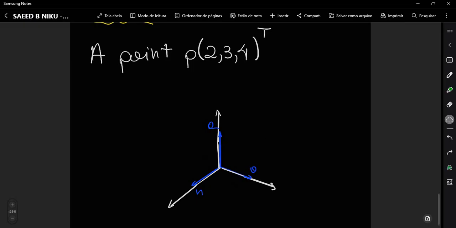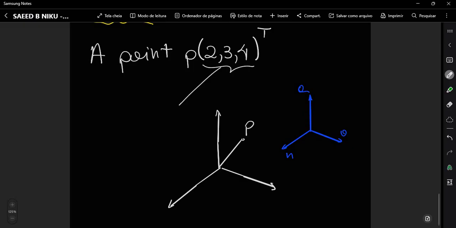Okay, I'm going to draw a point that can be tracked if we link it on the reference system. And this point has these coordinates, 2, 3, and 4.